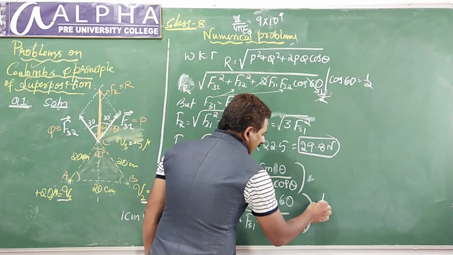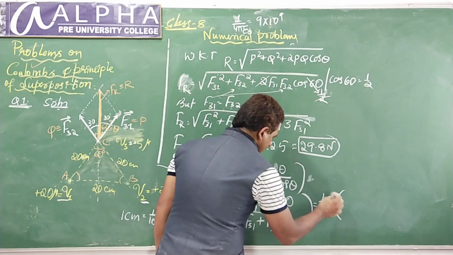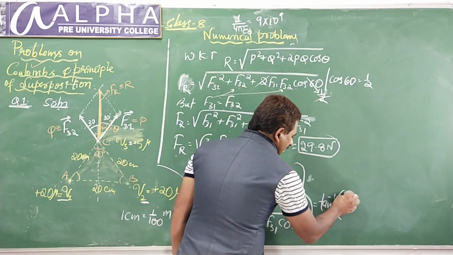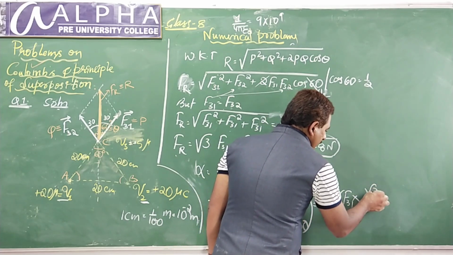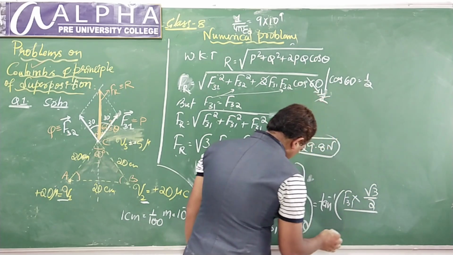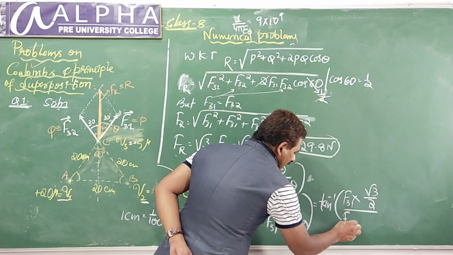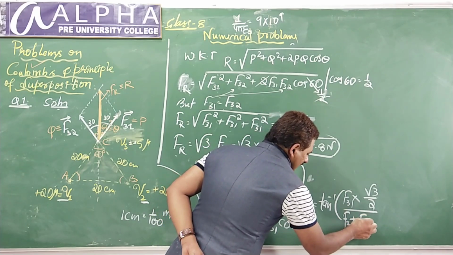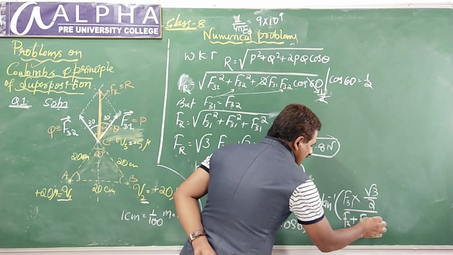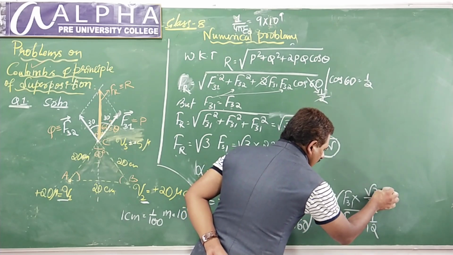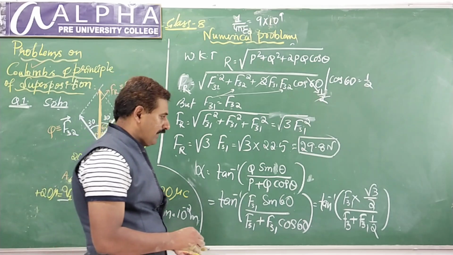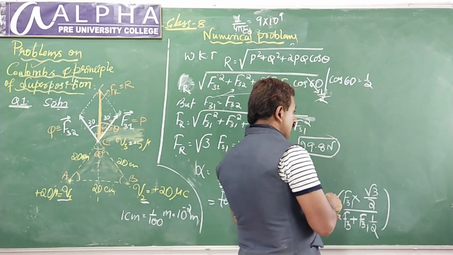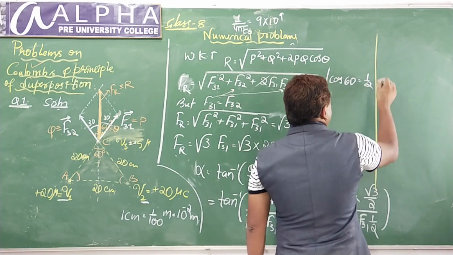Now tan inverse of F31, you write as it is, into sin 60 which is root 3 by 2, whole over F31 plus F31 into cos 60 which is 1 by 2. You are all very familiar with this. Right? Now I'll come to the final part.